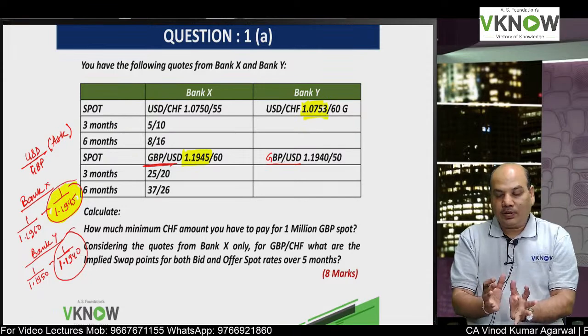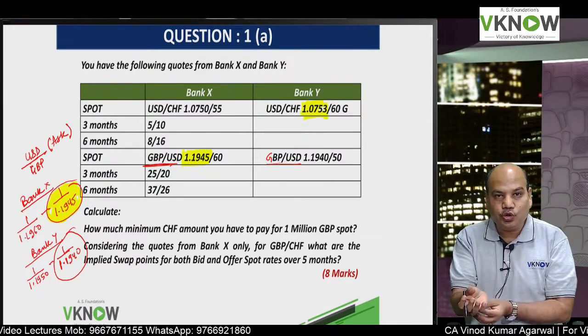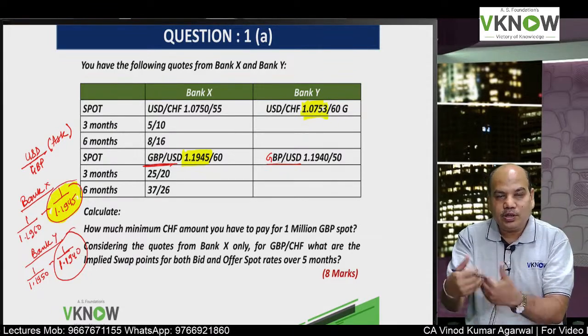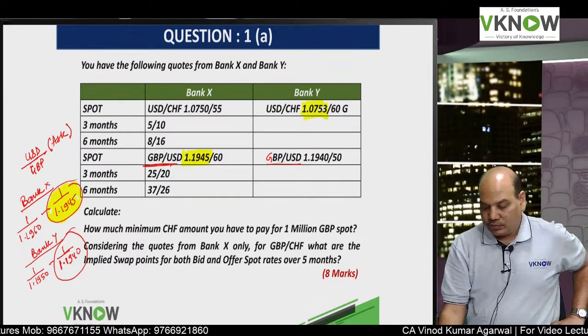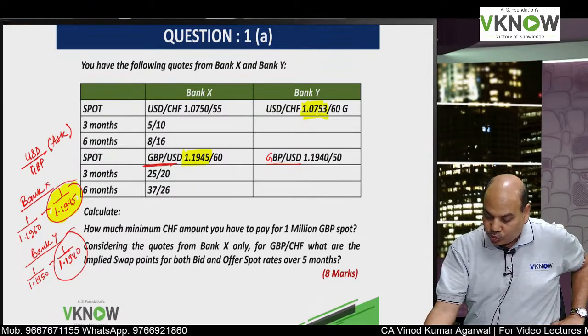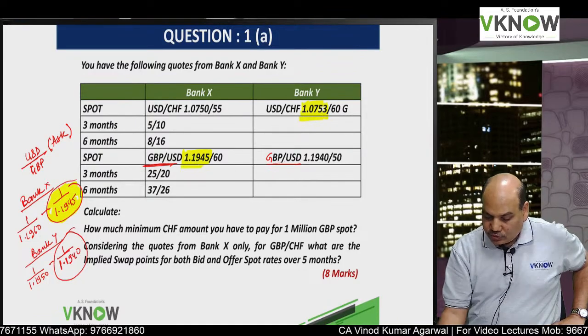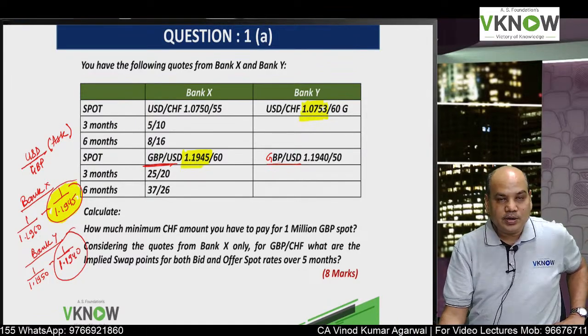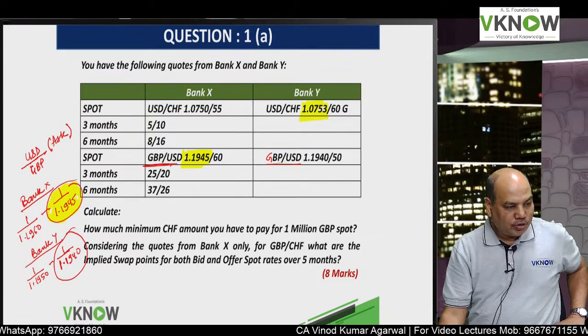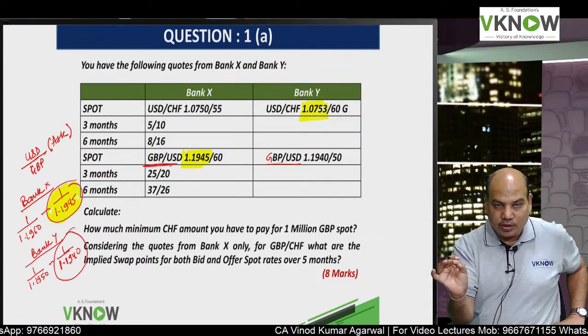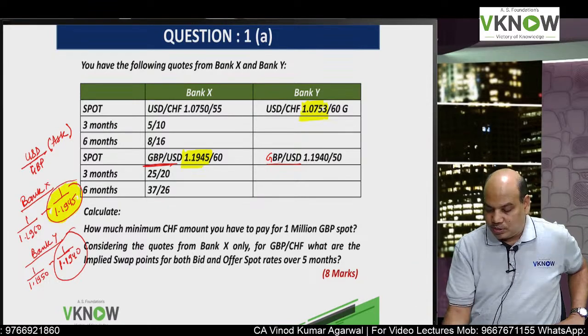We will first convert CHF into USD and then USD into GBP. So we will buy USD from bank Y and GBP from bank X. Is it right? That will give me the rate between CHF per GBP.